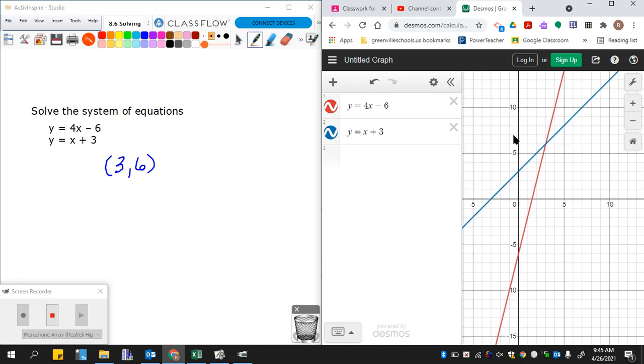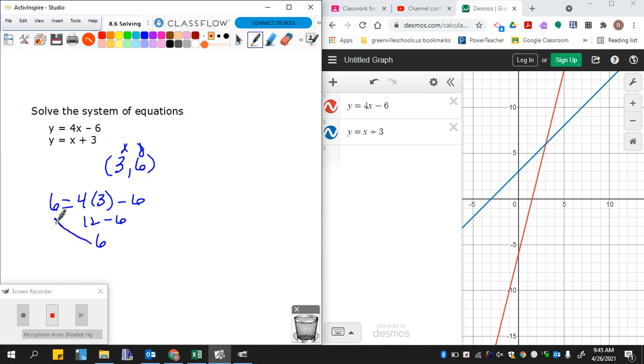And if you want to check it, remember this is your x, this is your y. So we can say, is 6 equal to 4 times 3 minus 6? Well, 4 times 3 is 12, minus 6 is equal to 6. So 6 is equal to 6, yes.